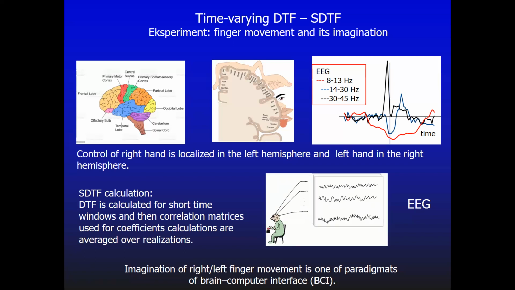But volume conduction is mitigated to a certain point. Of course, there could be the influence of secondary sources, and there is now a very big discussion on how much DTF is or is not blurred by this volume conduction.